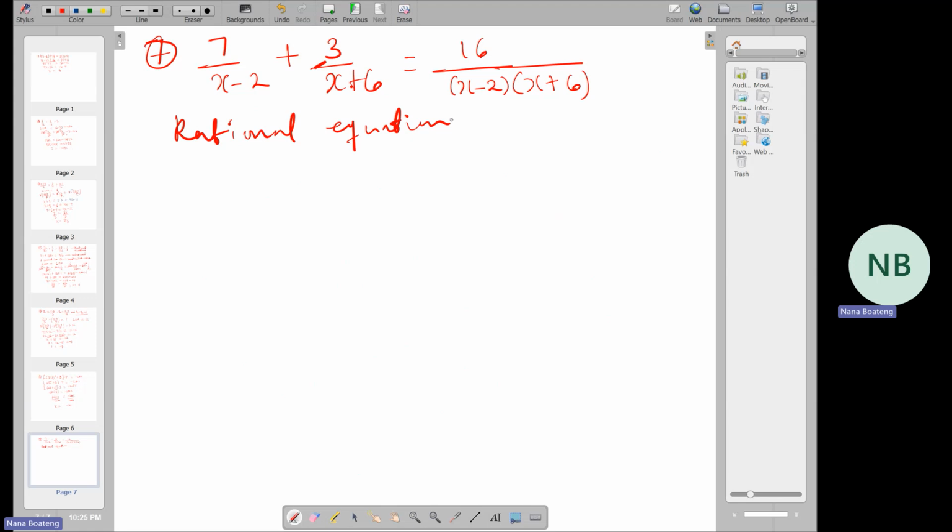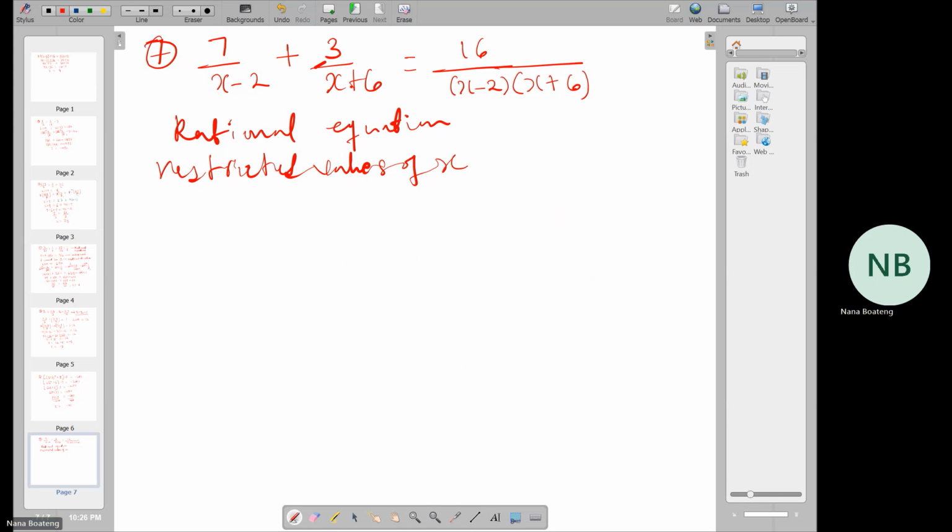So whenever we have a rational equation, the first thing is we need to look for the restricted values of x, or in other words, the values that x is not allowed to take on.